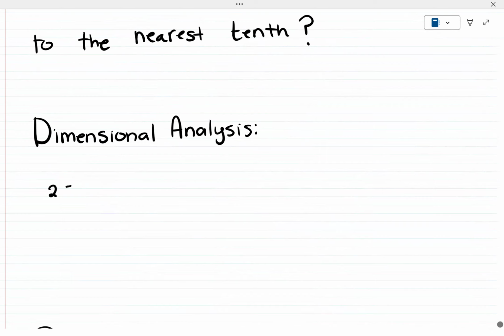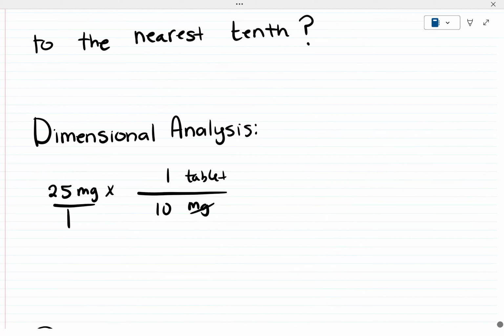We can start out with 25 mg times a fraction, mg on the bottom, tablet on top. For one tablet, there's 10 milligrams, and the milligrams disappear. Multiply across: 25 times 1, and on the bottom 1 times 10, and that gives you 2.5 tablets.